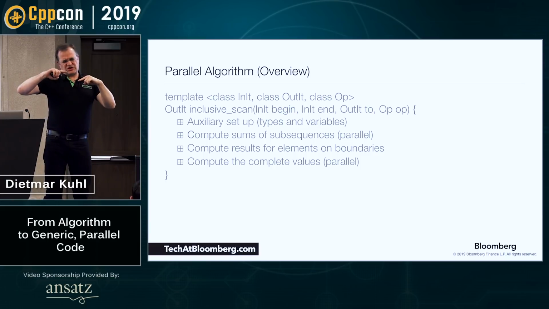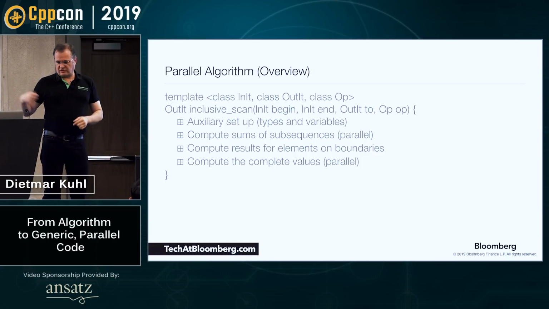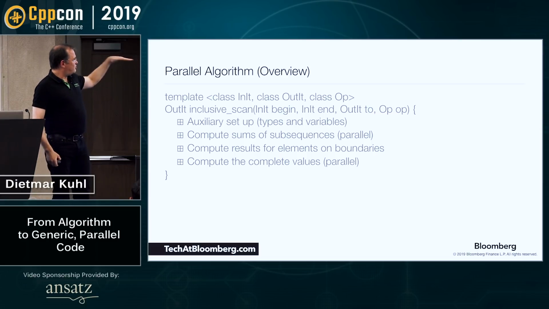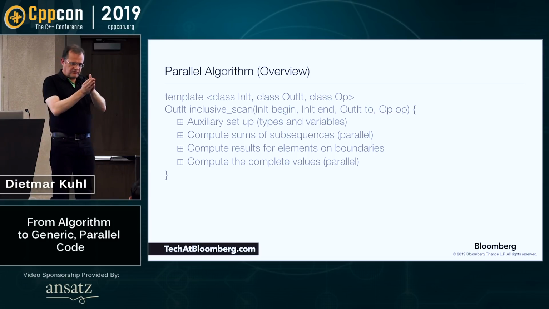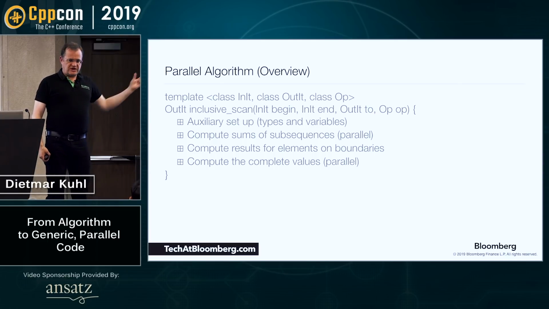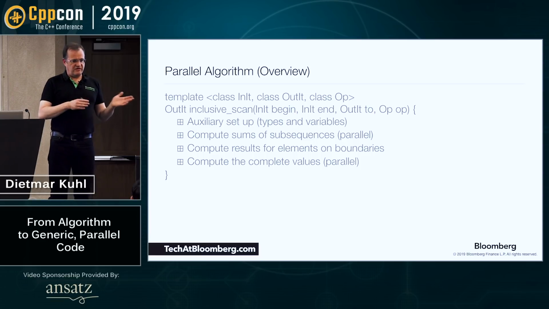Then instead of recursing, I use an inclusive scan to compute the actual elements we need. So the first step is computing the elements of the ranges concurrently. Then we do an inclusive scan, which could be parallel as well, but I don't think we have big enough computers to make it worthwhile. And then we combine them again.